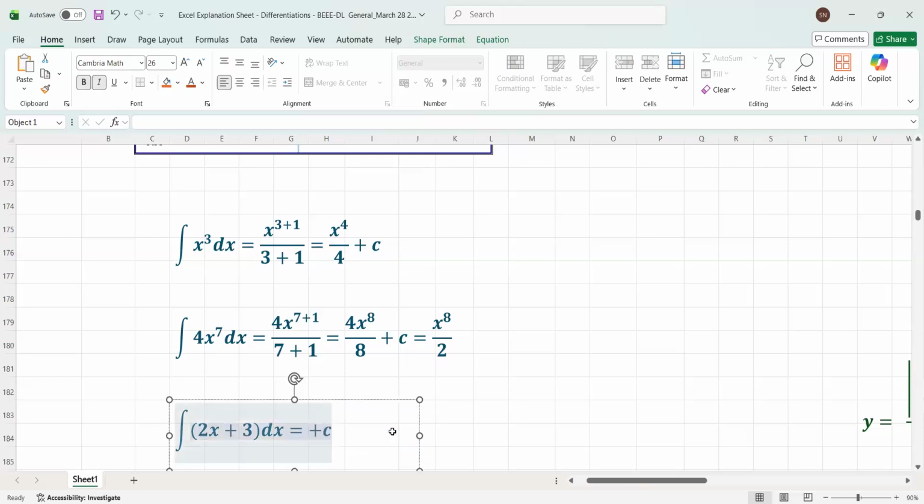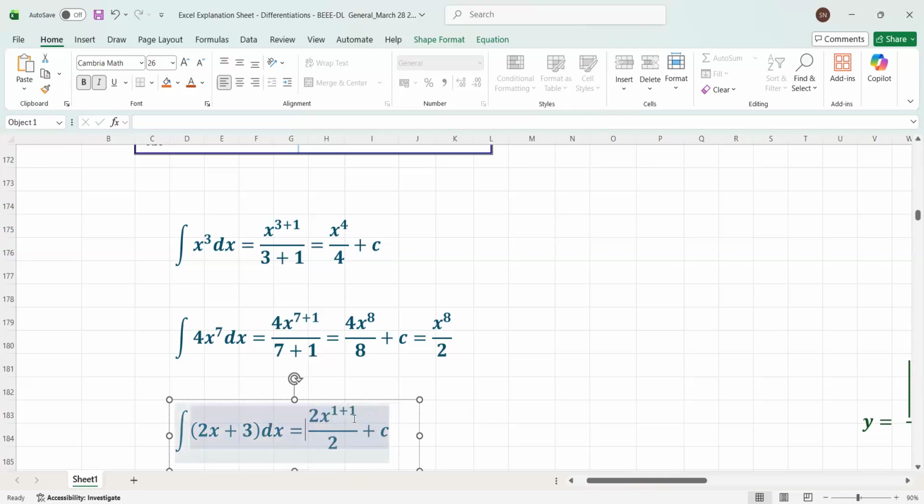When you integrate the first one, you're going to get 2 times x raised to the power 1 plus 1, because x currently is raised to the power 1. So what is 1 plus 1? That will give you 2x squared, and then the denominator divided by 2.